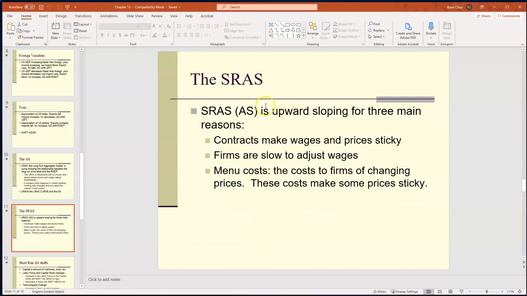Now, what keeps prices from changing in the short run is, one, we have contracts for wages and for prices. For example, every time you go to work, you assume you will receive the same wage, so that fixes wages over short periods of time. Few employers will give you a changing wage every day; they'll give you a changing wage maybe once every 6 months or once every year, if they do.